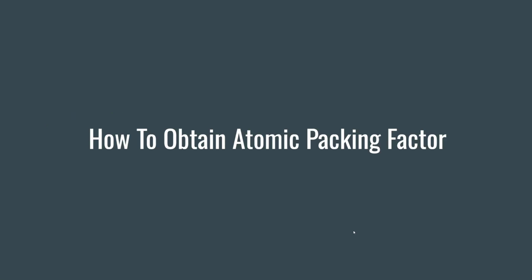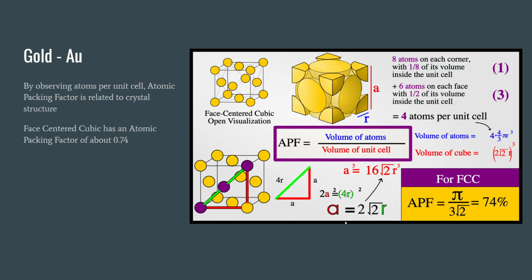Now, how do you obtain the atomic packing factor? We'll use gold as our first example, and you see the equation here: to get the atomic packing factor, you take the volume of the atoms used and divide that by the volume of the unit cell.